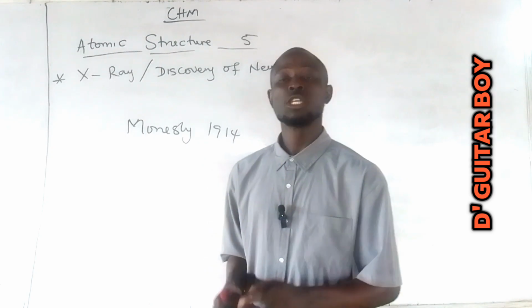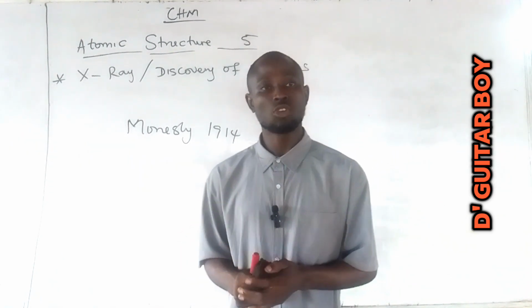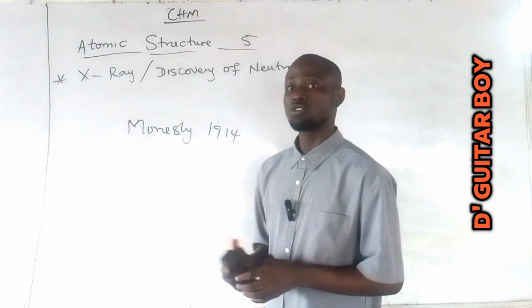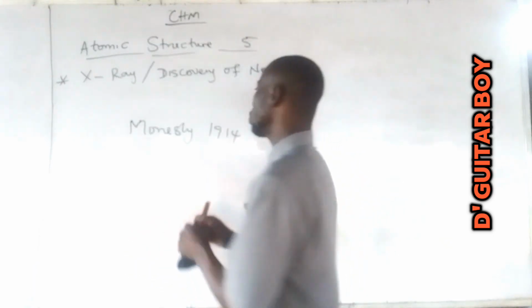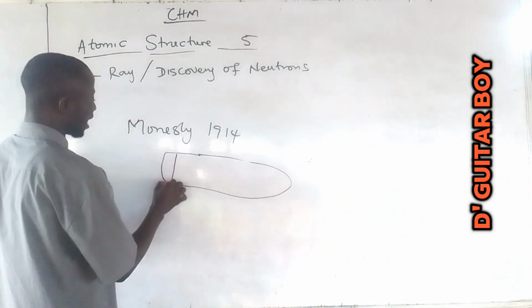He was able to assign a number, and he called this number atomic number. Mosley assigned a number to each element by using them as the anode.